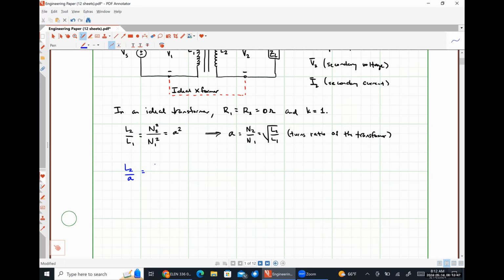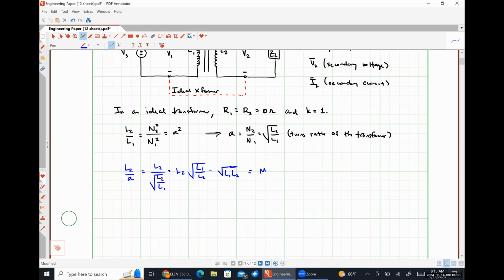Well, that would be L2 divided by the square root of L2 over L1, which is the exact same thing as L2 multiplied by the square root of L1 over L2, or the square root of L1 times L2, which for perfect coupling is nothing more than our mutual inductance term M.